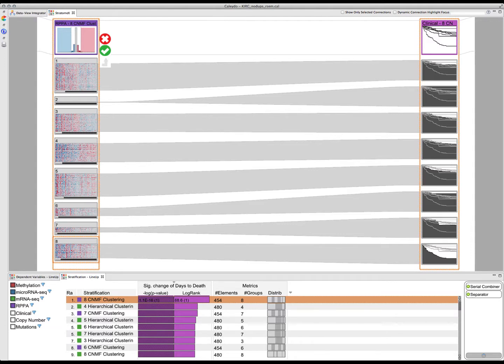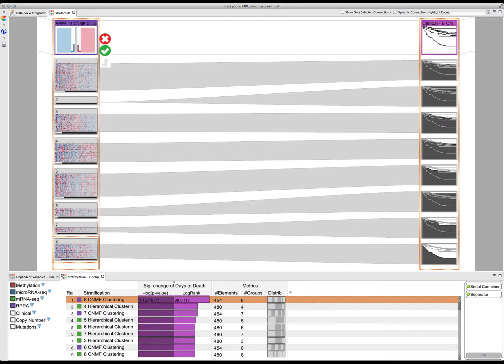That is just data that TCGA was generating by default for each of these data types. When we ran our query, we asked, is there any cluster with worse outcomes in any of these clusterings? We found one, and that's the RPPA, reverse phase protein array, clustering with 8 clusters.